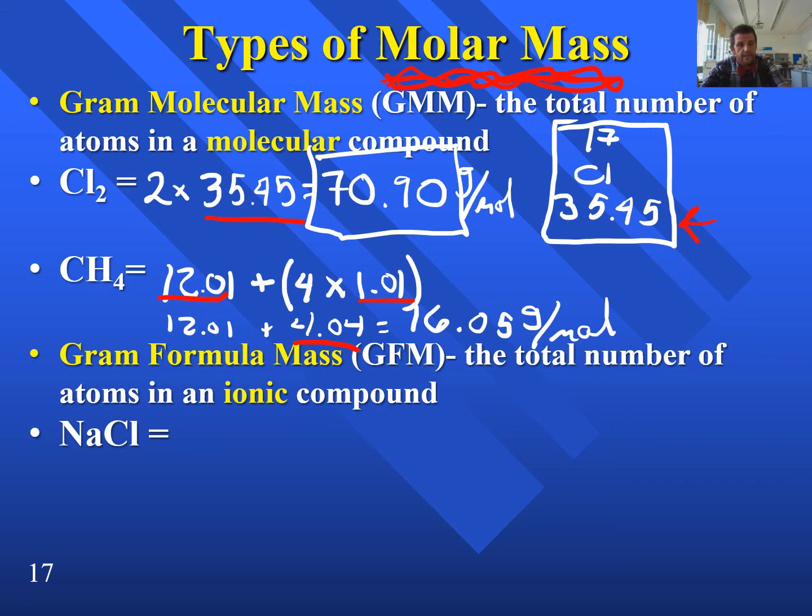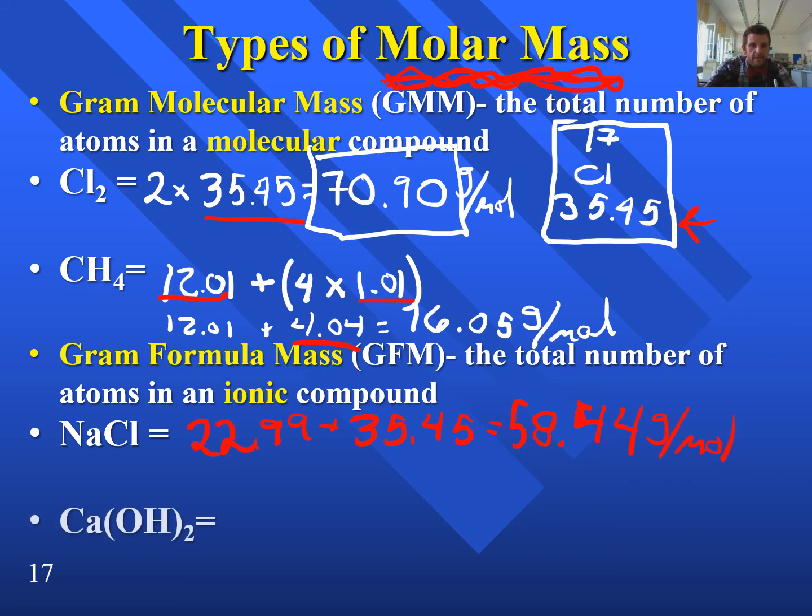So then if I had NaCl, 2 different elements, I would just find sodium, which is 22.99, and then I would add on the chlorine, which is 35.45, and I would get an answer of 58.44 grams per mole. So it's the same exact idea.